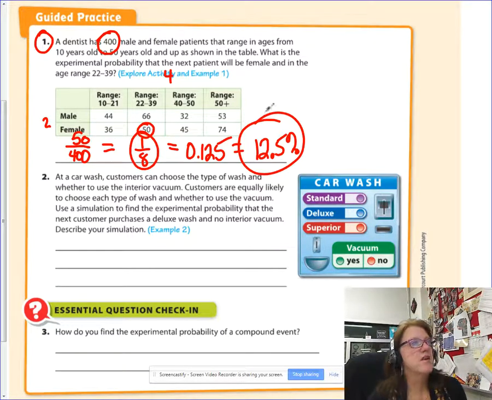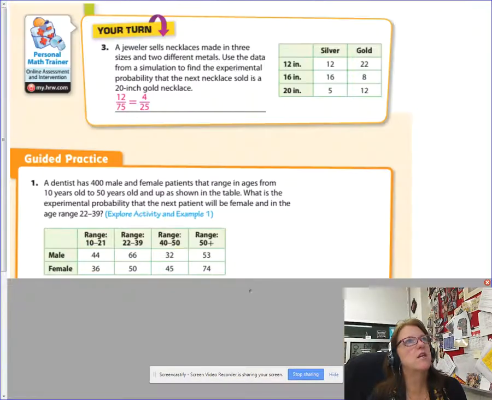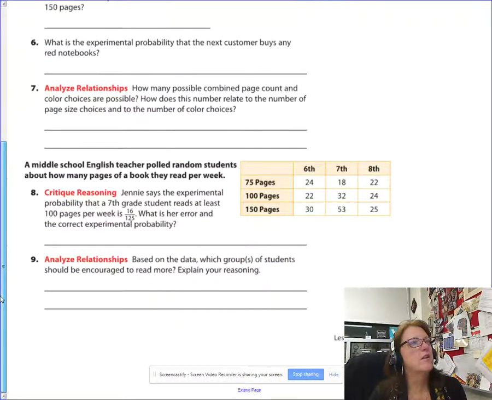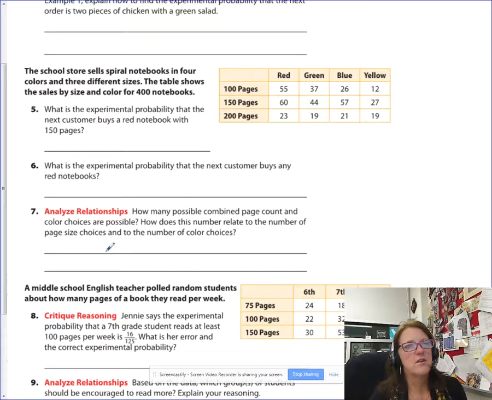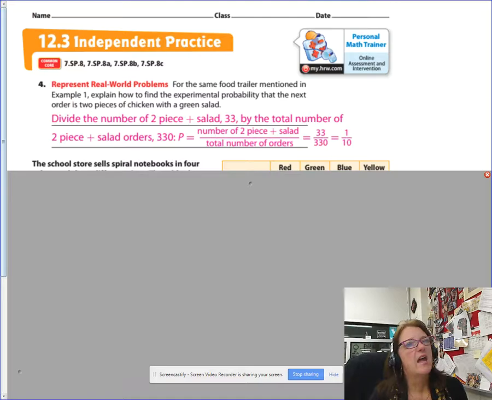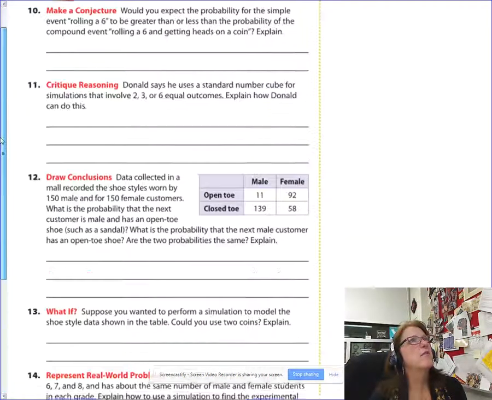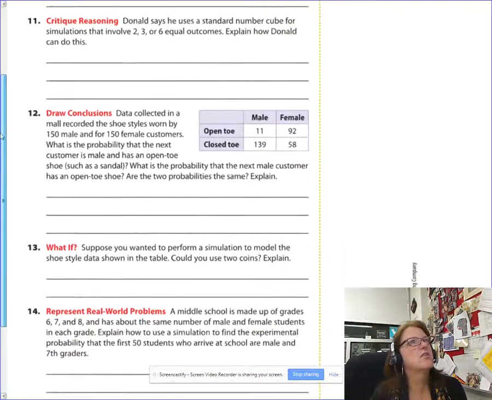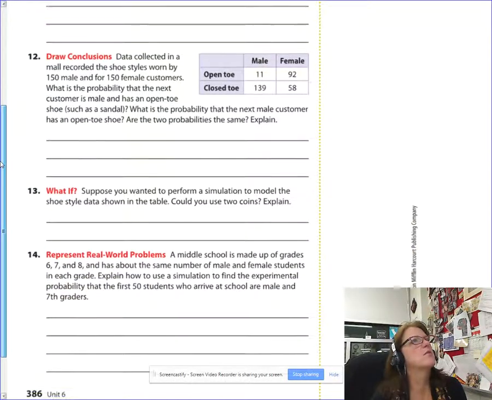All right, your assignment is you take a look here. You've got a couple questions on page 384. And then on the following page, you have each of these. Sometimes they give you a table of data and then ask you multiple questions. And I would like you to basically go through, I think, all of these, even these higher order thinking questions. You can get through that pretty straightforward, I believe. So here's what I want you to do.